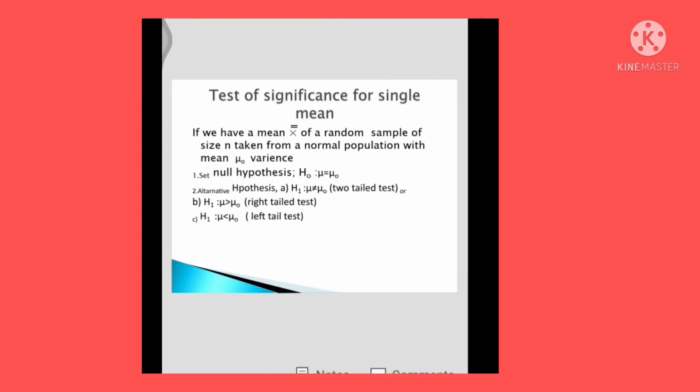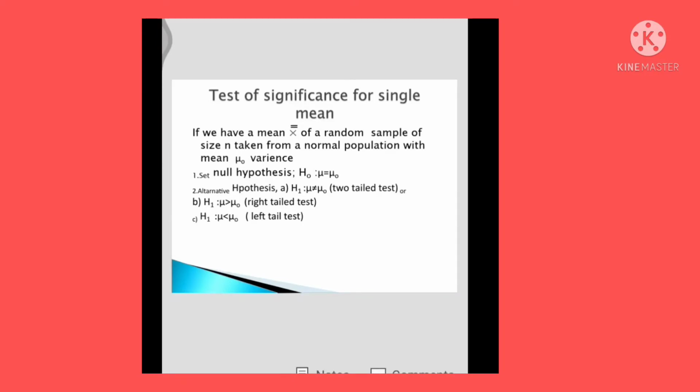Alternative hypotheses are set in three forms: a two-tailed test, a right-tailed test, and a left-tailed test. First, the two-tailed test, where the alternative hypothesis denoted as H1 is mu not equal to mu naught.